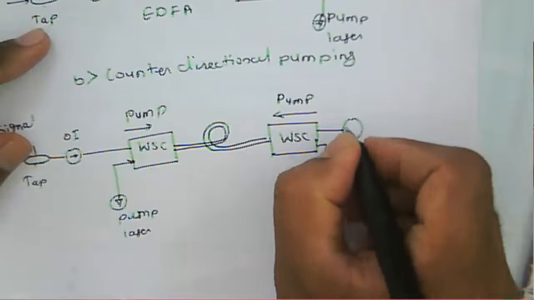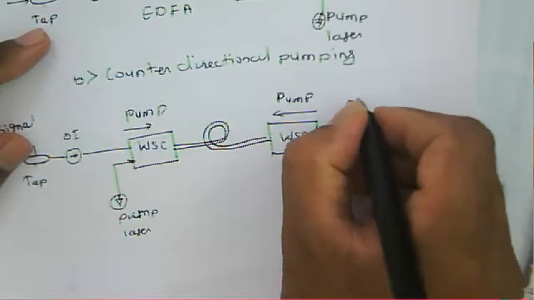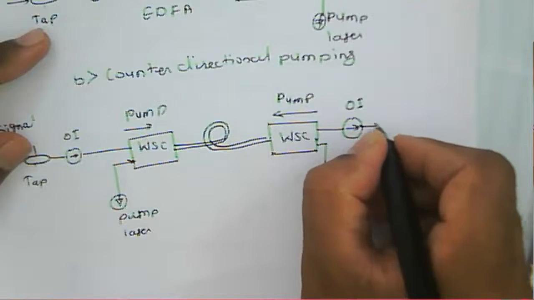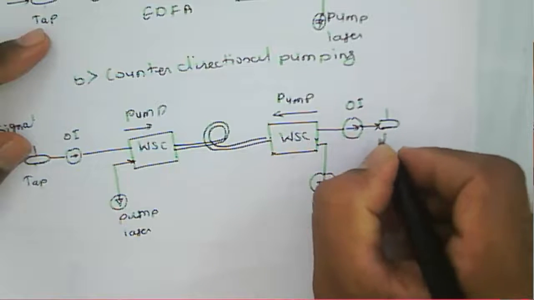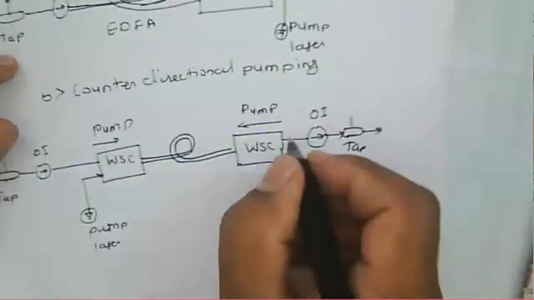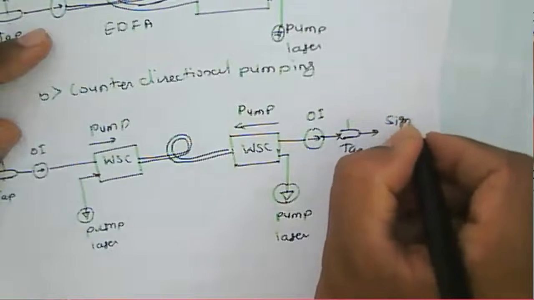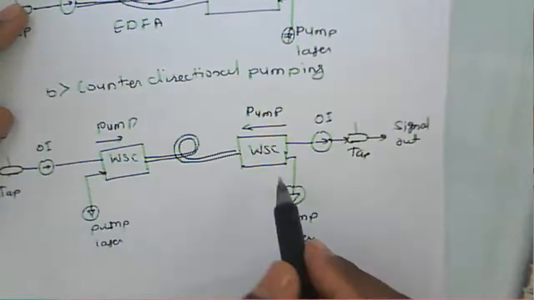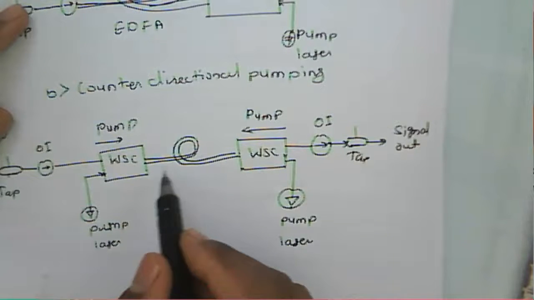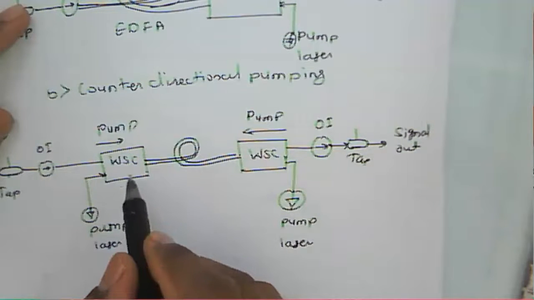Then we'll get an output in one direction through the optical isolator. Then we are using the tap, and then a signal out.